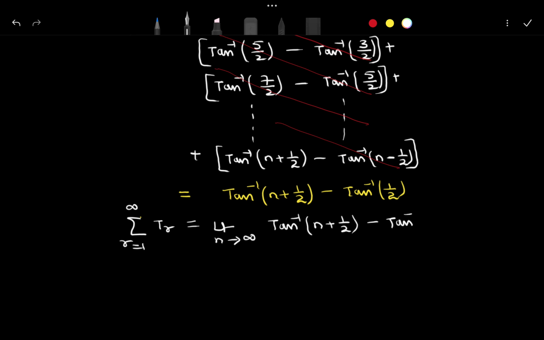So what is the meaning of this? Here n is the only variable tending to infinity, so the remaining terms will be constant. If you replace n with infinity, the first term becomes tan inverse of infinity minus tan inverse of 1 by 2.